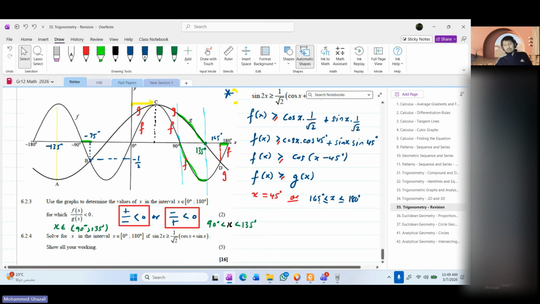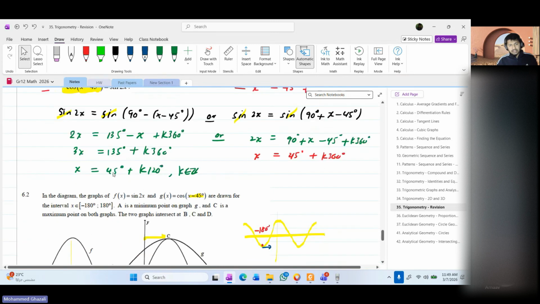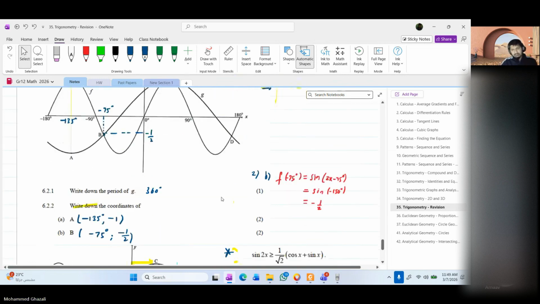So that's your answer. For one, now I wanted to show you how to get 165 here. I just use symmetry to solve for 165, right? So what you're going to do is, the general solution that you had, put k value as 1. So 120 plus 45 is 165. So that works out as well.